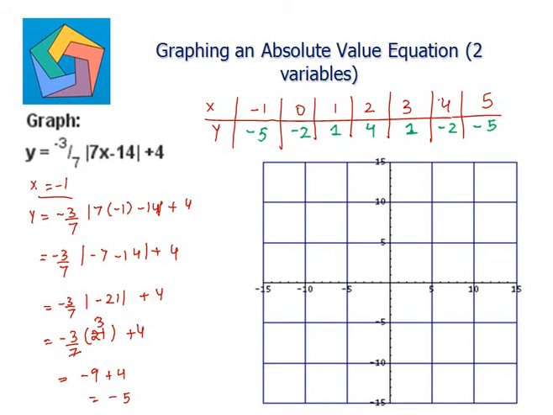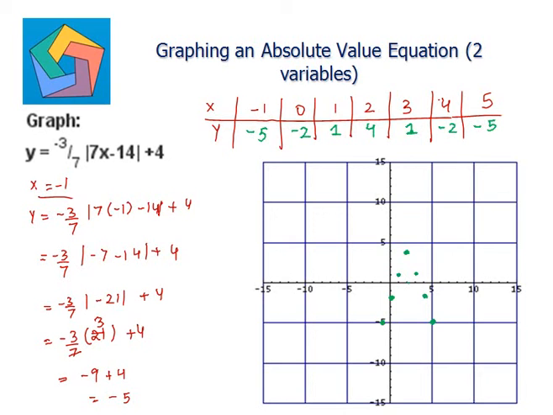So we can plot these points. Negative 1, negative 5; 0, minus 2; 1, 1; 2, 4; 3, 1; 4, minus 2; and 5, minus 5.